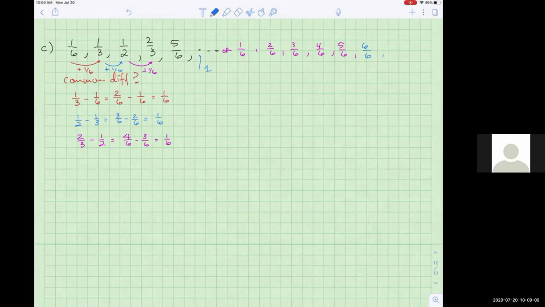And this continues. And so each time we're adding a sixth, we have d equal to 1/6 as our common difference. This implies that this is arithmetic.